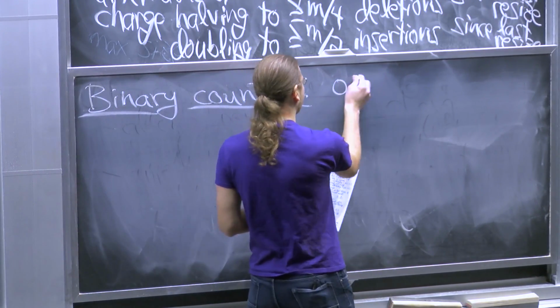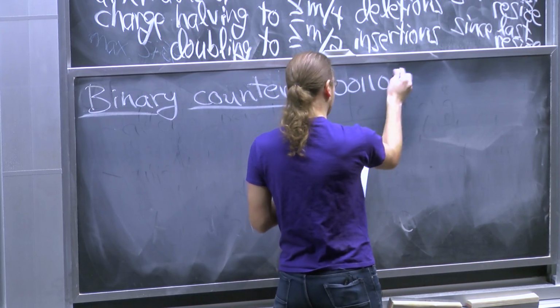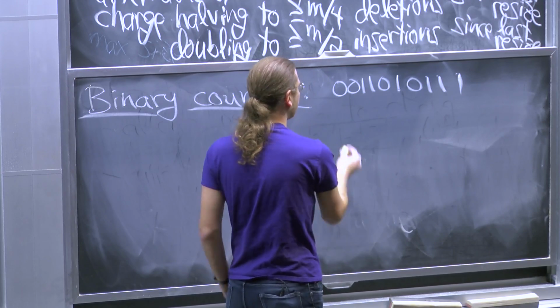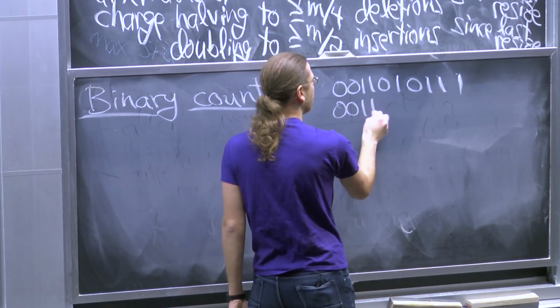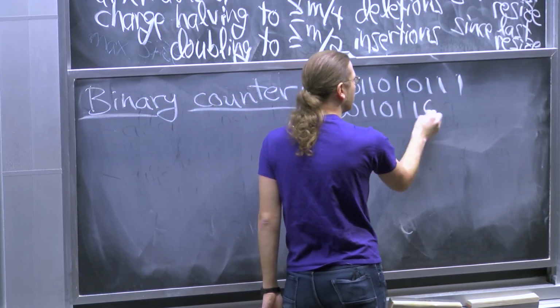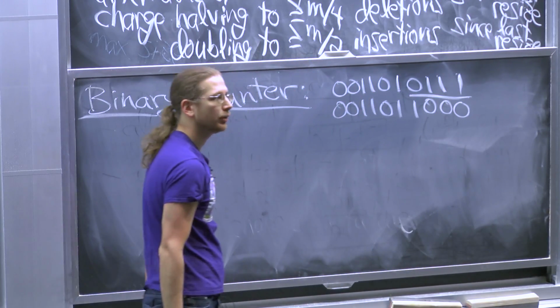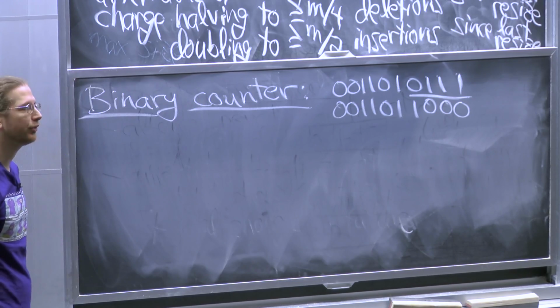When you have some binary value like this one, and you increment it, many bits change, but only a constant number are going to change in an amortized sense.